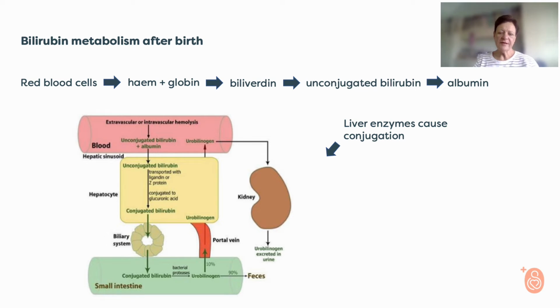Now, when we look at what happens specifically with the bilirubin metabolism after birth, normally in any body there are red blood cells that die down naturally and that need to be excreted somewhere, in the fetus in the feces eventually.